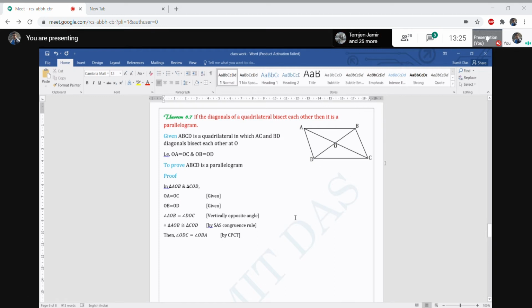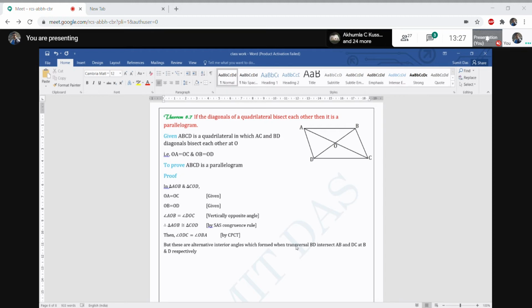We can say that AB and DC are parallel because these are alternate interior angles, which form when transversal BD intersects AB and DC at B and D respectively.